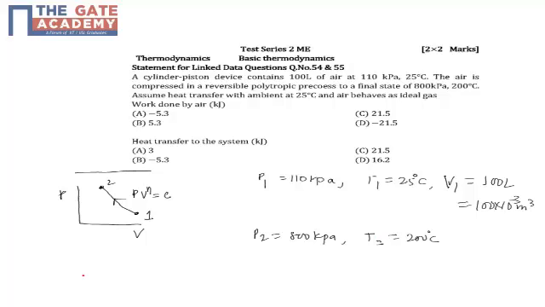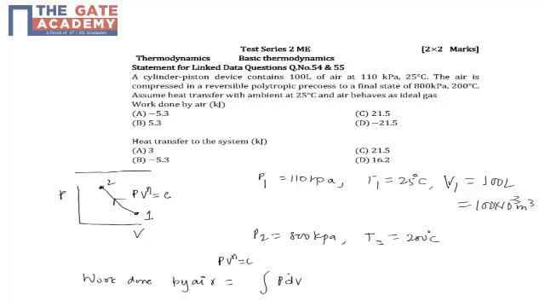Now the work done by air. Obviously work done by the system will be negative because it's compression, but let's just calculate. Work done by the system is given as integral PdV, and we have the fact that PV^n is equal to constant.